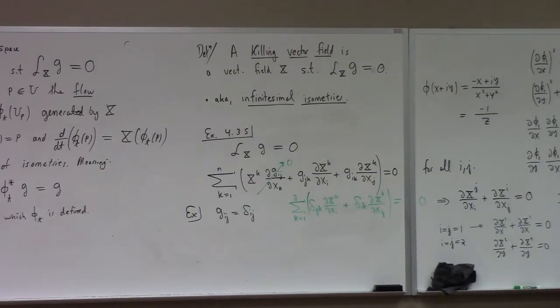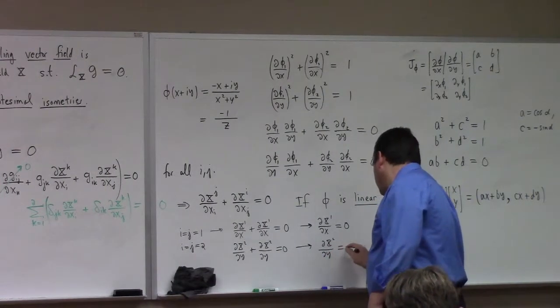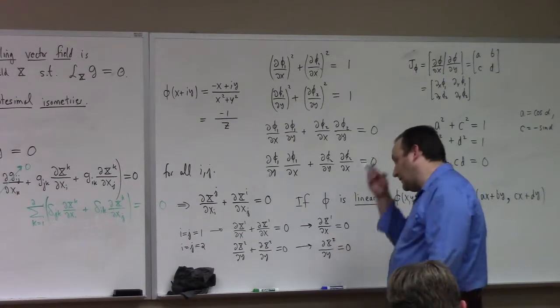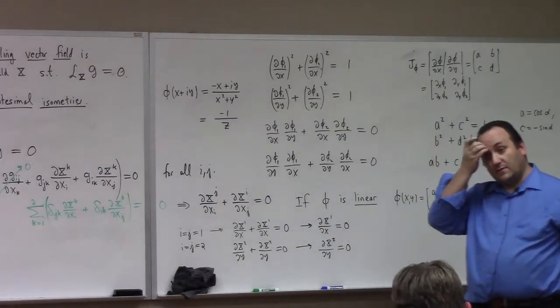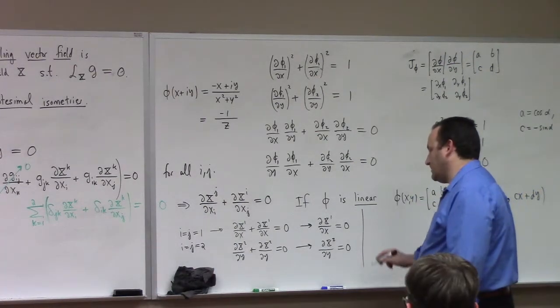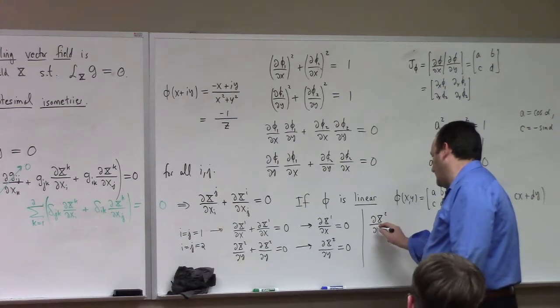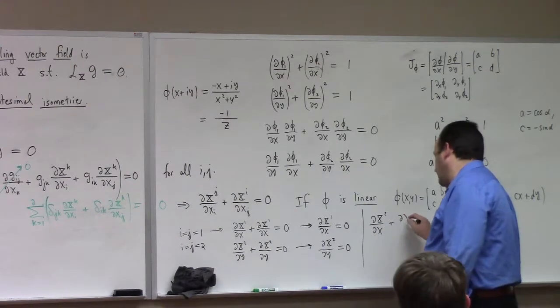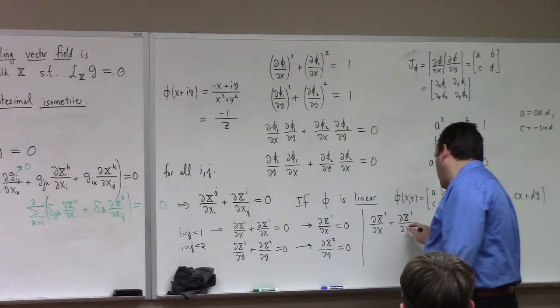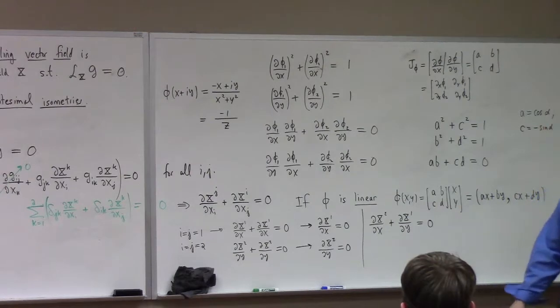So from i equals j equals 1 or i equals j equals 2, we just get the condition partial x1 partial x equals 0 and partial x2 partial y equals 0, right? And then on the other hand, we could look at i equals 1, j equals 2. What would that give me? Partial x2 partial x plus partial x1 partial y equals 0. I think that's enough. We can solve it with that.